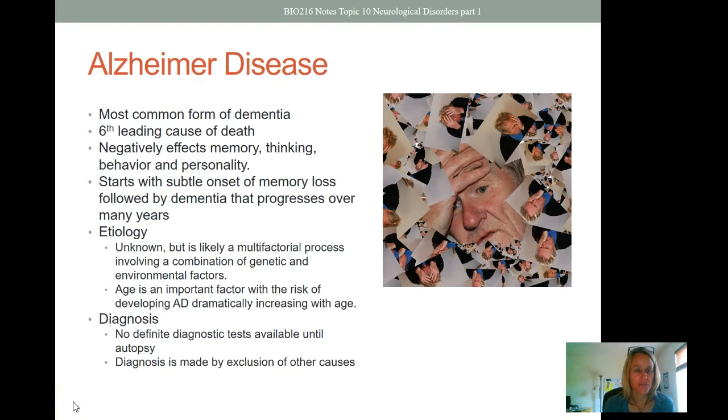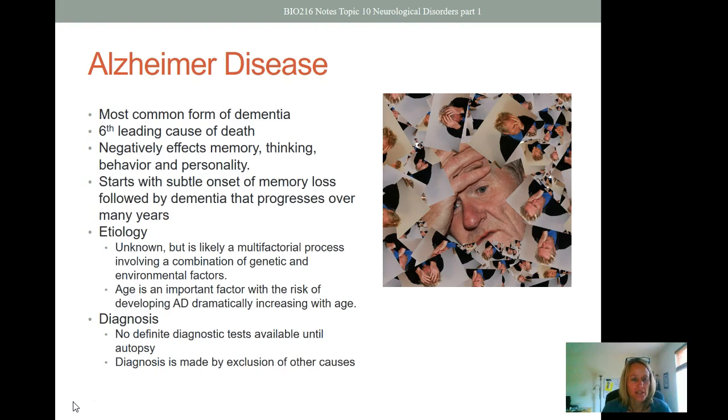Alzheimer's disease is the most common form of dementia and the 6th leading cause of death. It negatively affects memory and thinking, behavior, and personality. It starts with an onset of memory loss followed by dementia that in most cases progresses over many years.